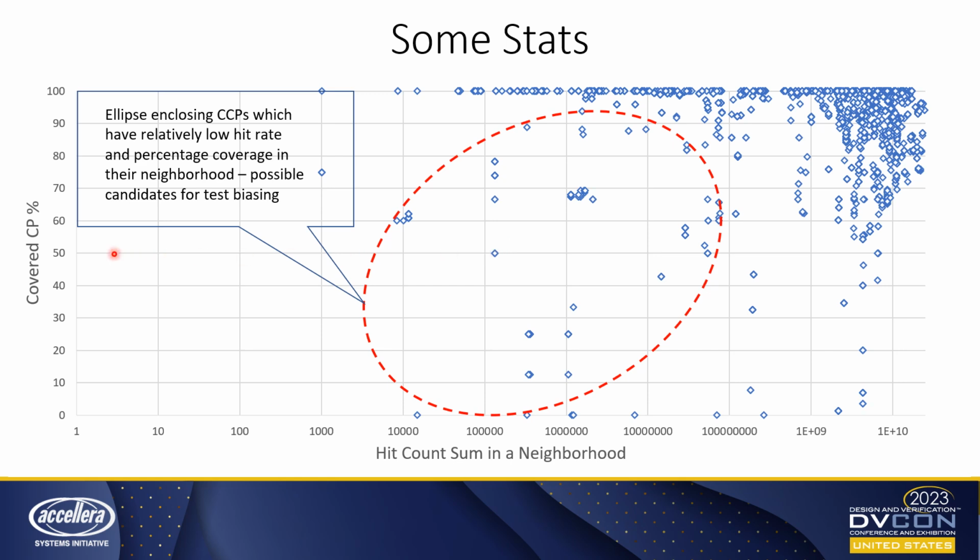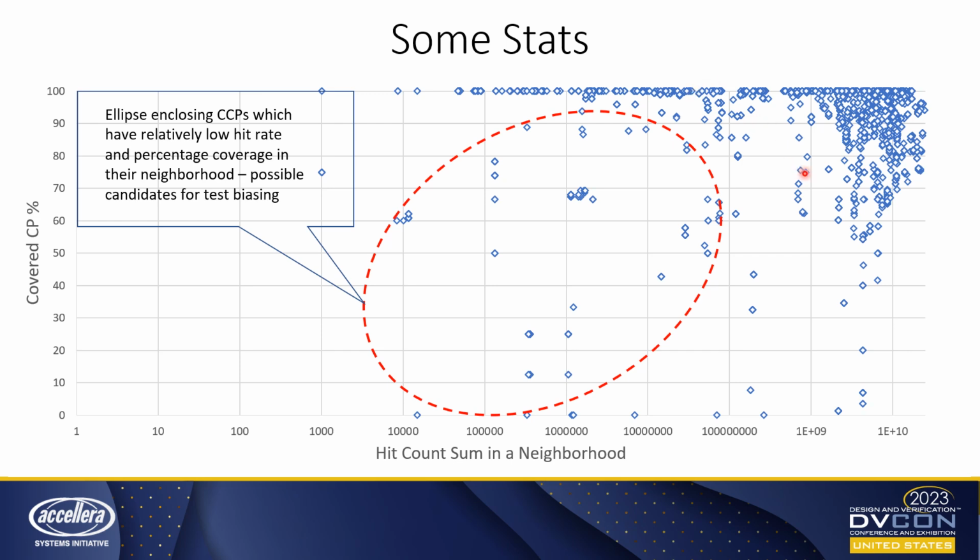The y-coordinate represents the percentage of CPs in the neighborhood of this CCP that were hit. As you can imagine, points with higher x-coordinate are the points whose neighborhoods have been well explored, and the points with higher y-coordinate are the ones whose neighborhoods have been well covered.